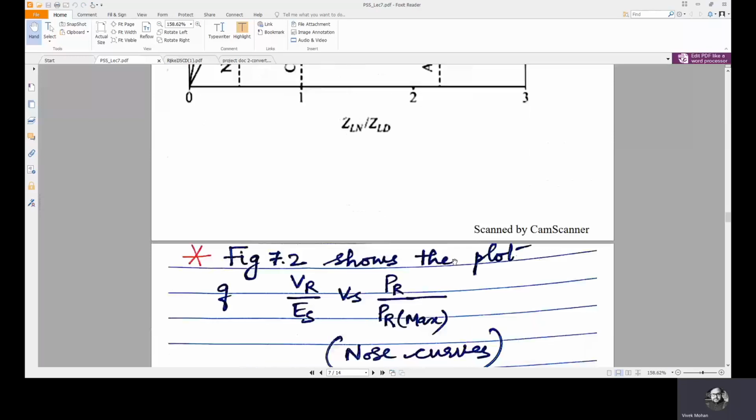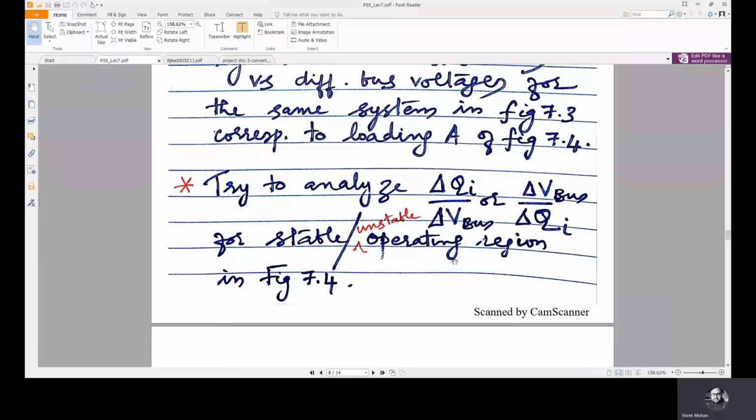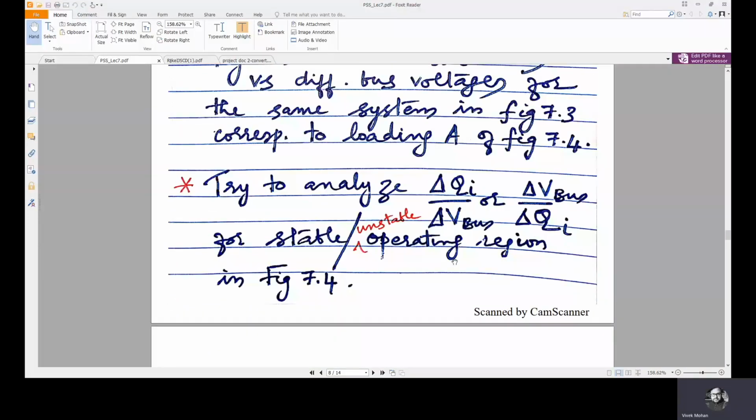Now, we have some nose curves also. I have already mentioned that we'll analyze the QV sensitivity of buses. Normally, we expect the voltage profile to enhance when injection of reactive power to that particular bus is increased.